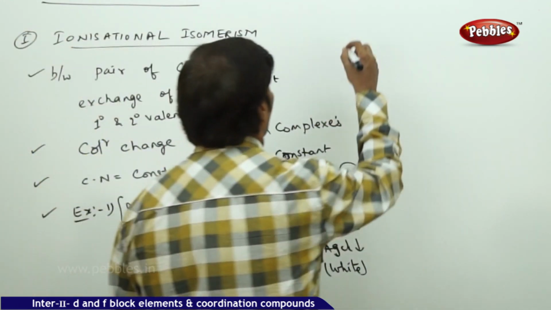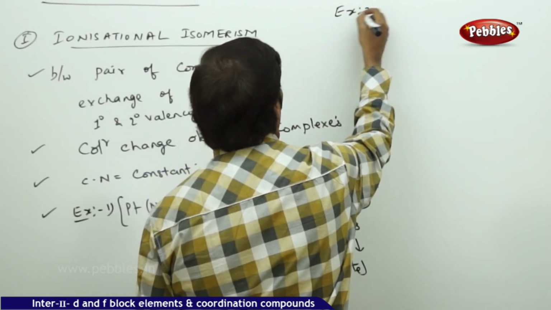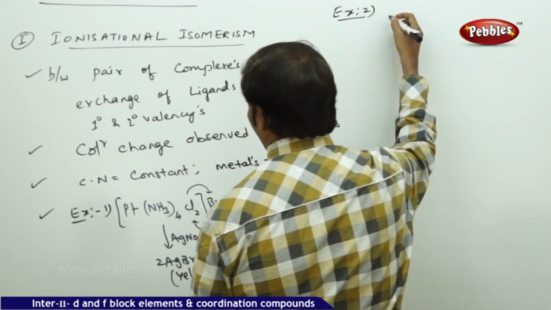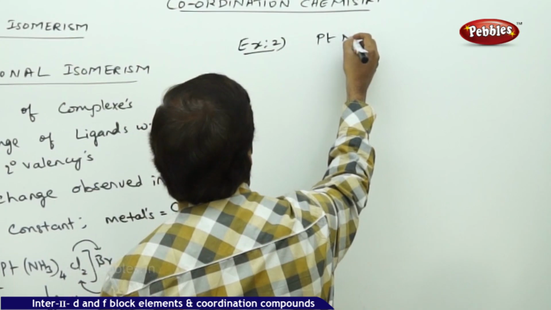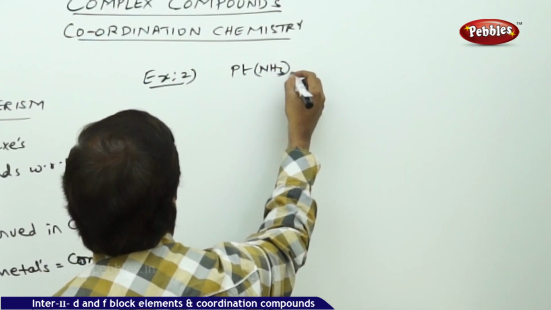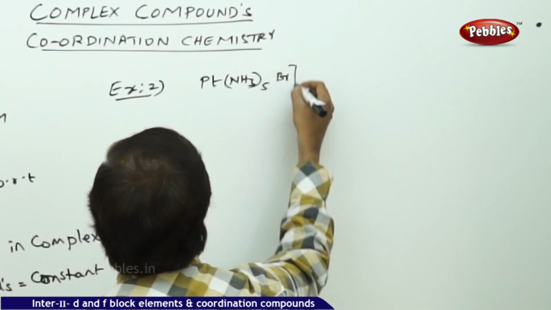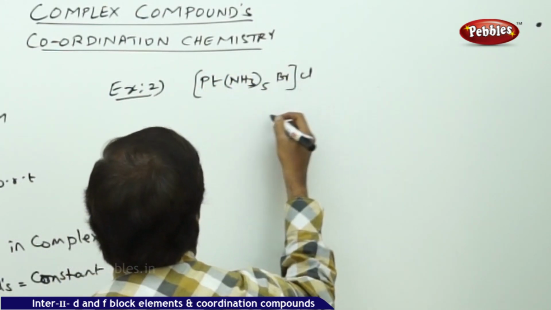If you want, I can give you one more example. In example 2, you can take platinum of NH3 taken 5 times of Br, with the chloro group outside.